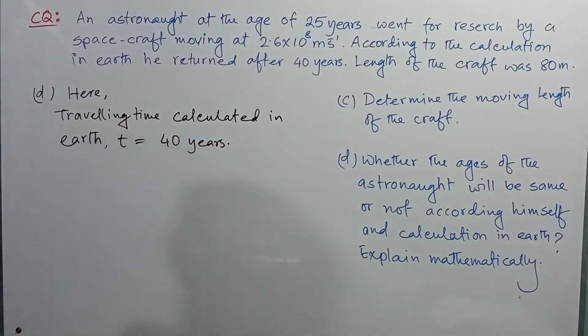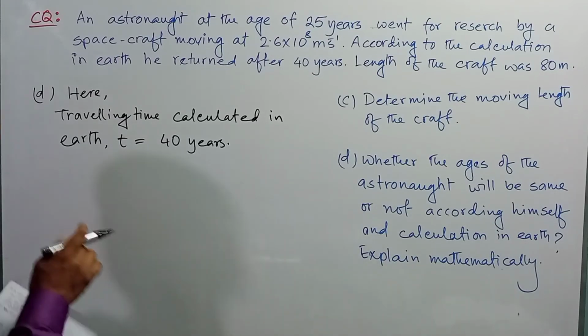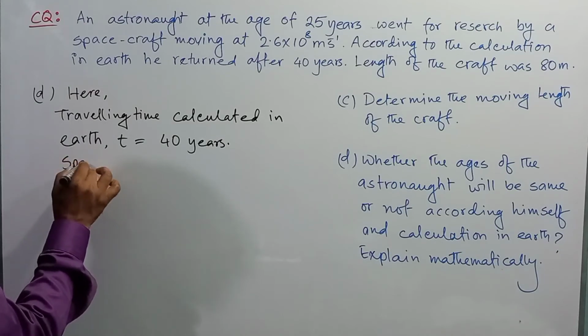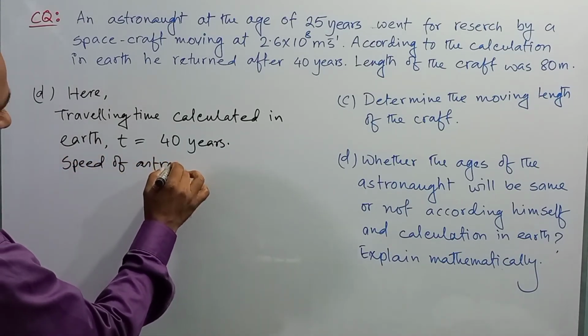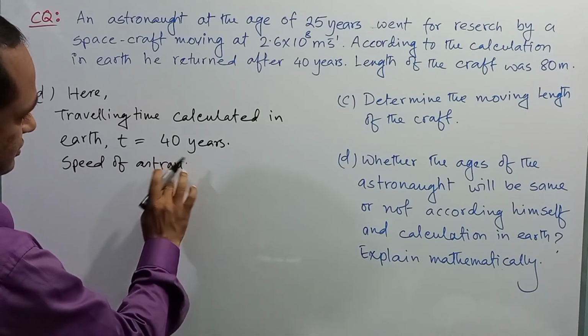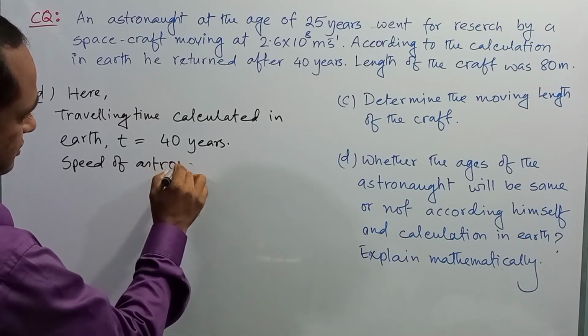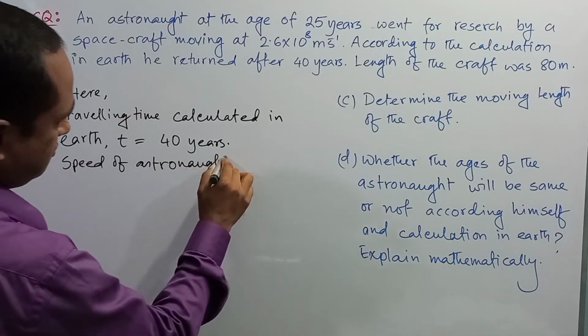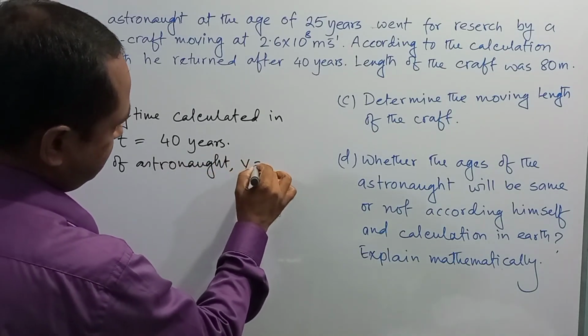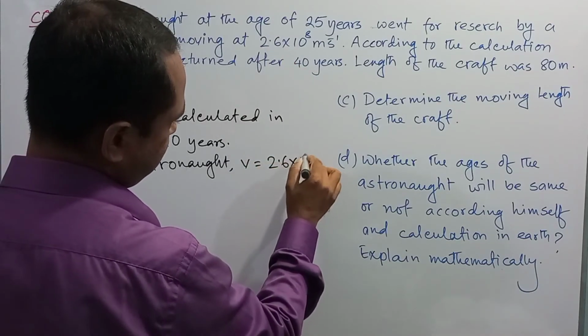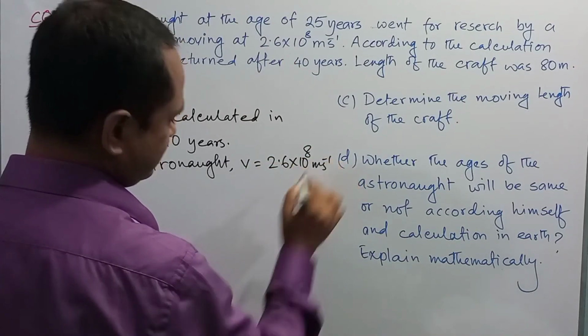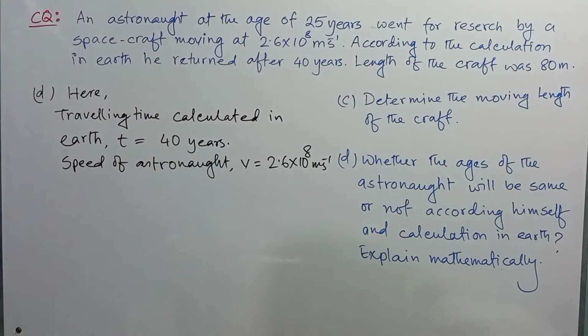Speed of the astronaut, V is equal to 2.6 into 10 to the power 8 meter per second, right?